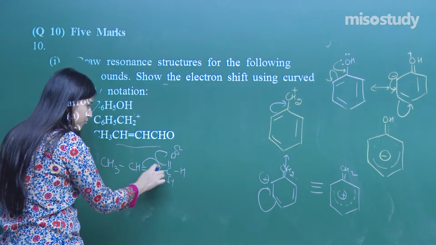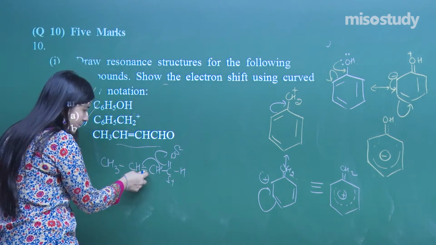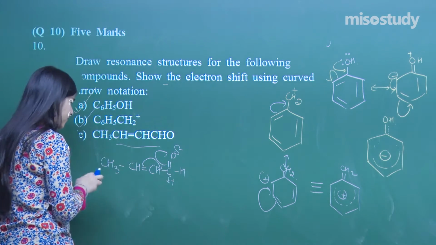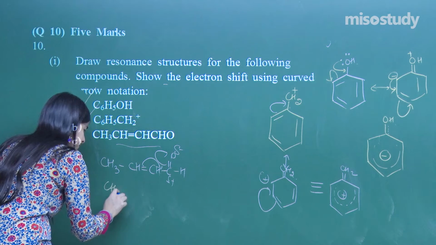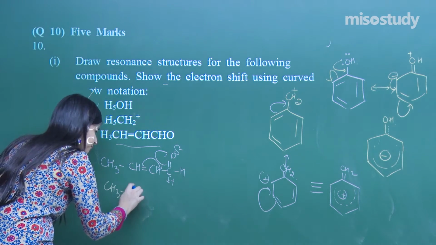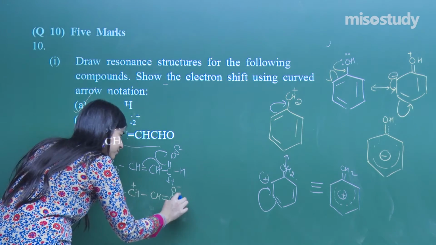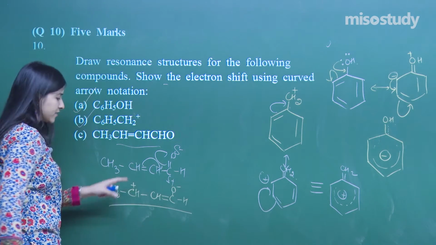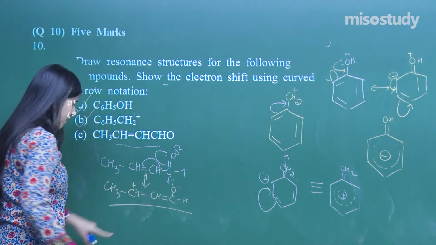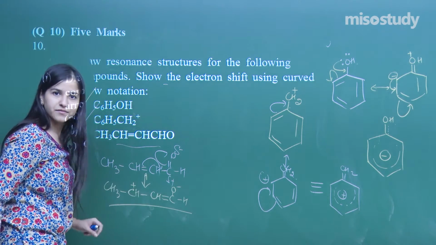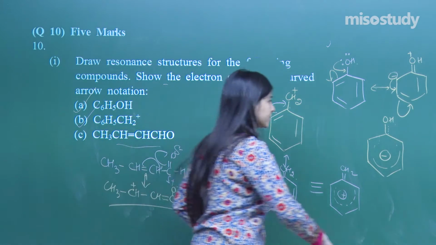Delta positive must be fulfilled by these, right? So double, single, positive, and that is how the resonance structure goes. Another resonance structure will be very unstable because it has got charge separation. Clear? Let's move on further.